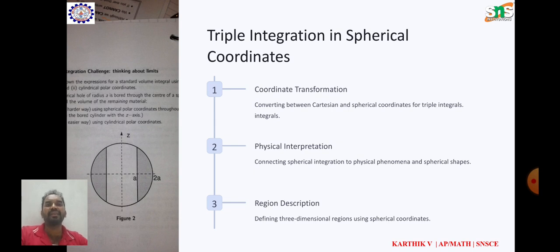Third one, phi. Phi is the angle measured from the positive z-axis to the point. The conversion from Cartesian coordinates to spherical coordinates is given by x equal to rho sin phi cos theta, y equal to rho sin phi sin theta, z equal to rho cos phi. In spherical coordinates, the volume element dV is expressed as rho squared sin phi d rho d theta d phi.